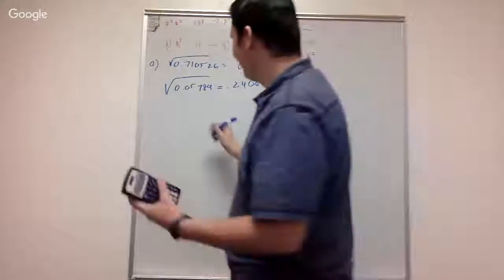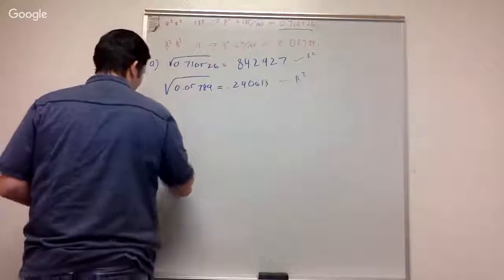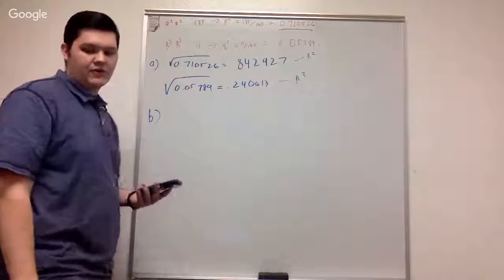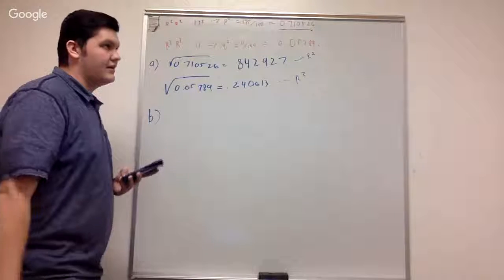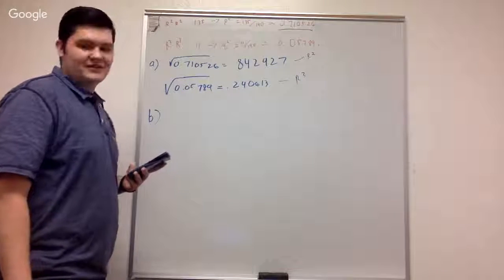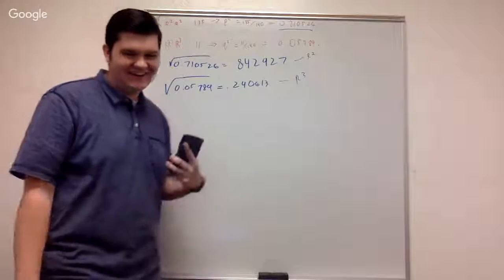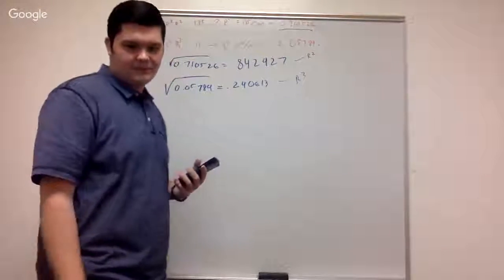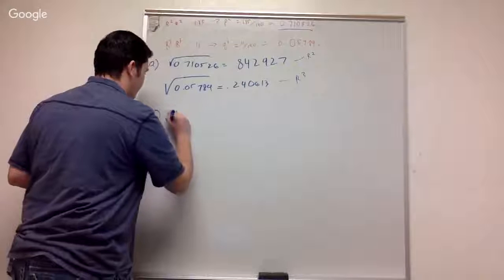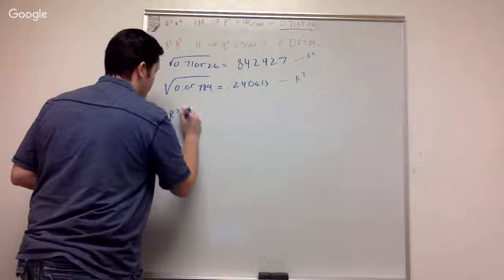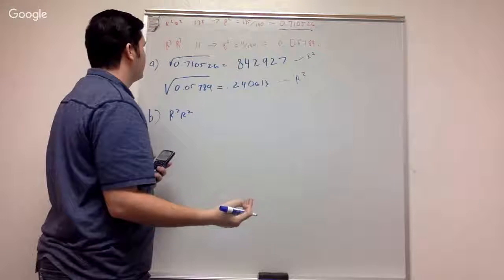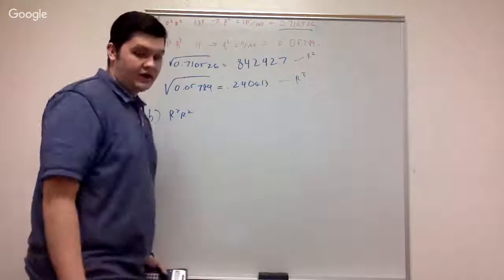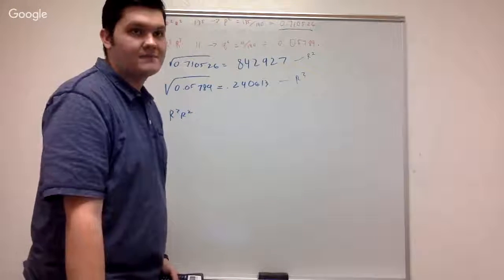For part B, we're going to need them to find our expected. Let's think about this for a second. Our expected for R2, we know, I just lost my train of thought.